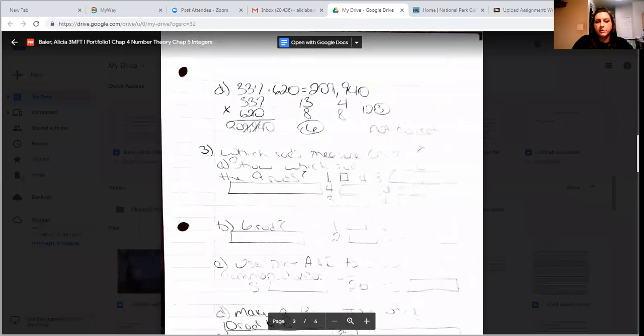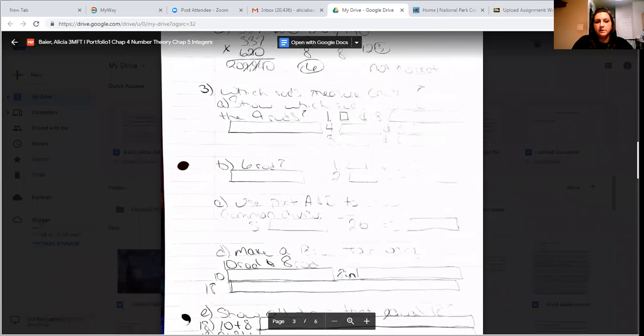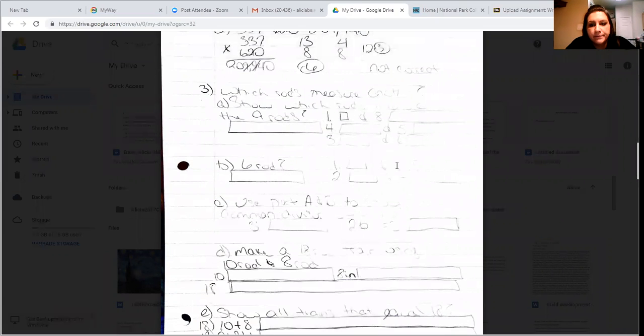So the first question, which rods measure another? Show which rods measure 9, and those rods would be the rod 1 plus 8 is 9, 5 plus 4 is 9, and 6 plus 3 is 9.